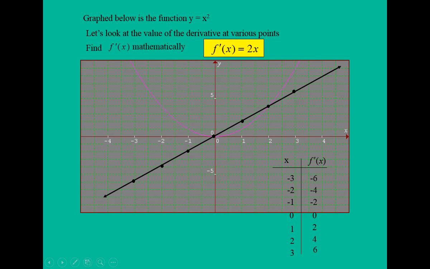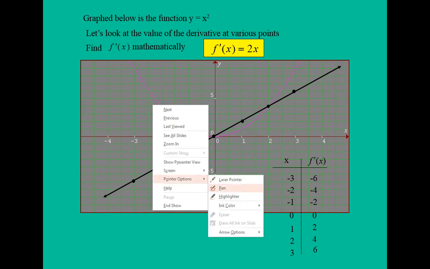Now, if we looked at finding the equation of this line, just to represent what f prime of x equals, we know this is a line, so it's y equals mx plus b. The y-intercept is 0. We could then look at the slope of the line. Notice at 0, 0, we would go up 2 over 1 to get back on the line.